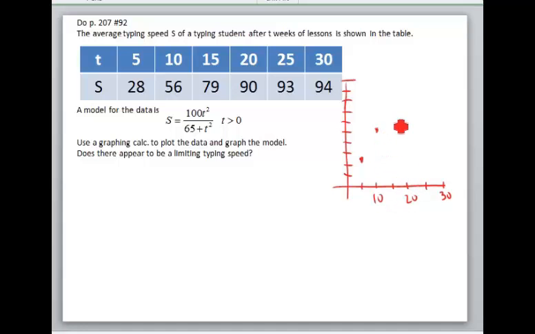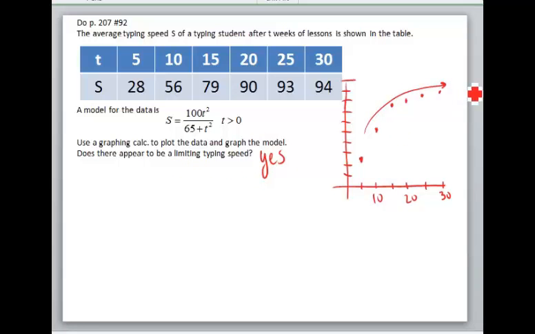I'm just plotting each of these as close as I can. And what I notice is that it's starting to curve downward. So the question asks, does there appear to be a limiting speed? And my answer would be yes, because of how the model is looking and how it's going like this.